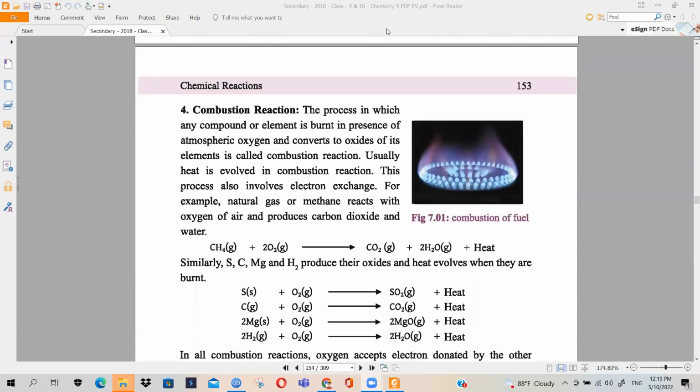Just write down this one. This one should do. Methane plus 2 oxygen gives carbon dioxide plus 2 H2O. Done. Okay, good.